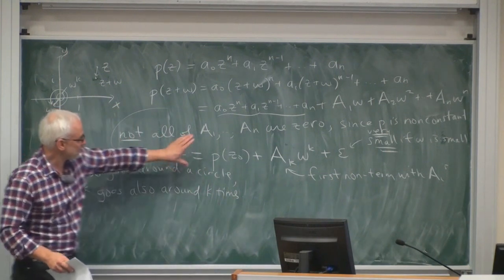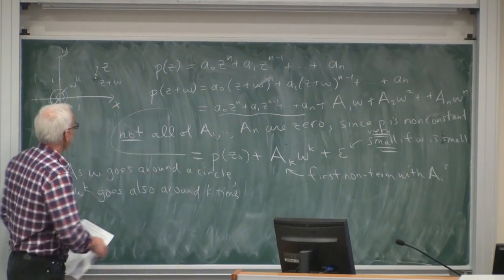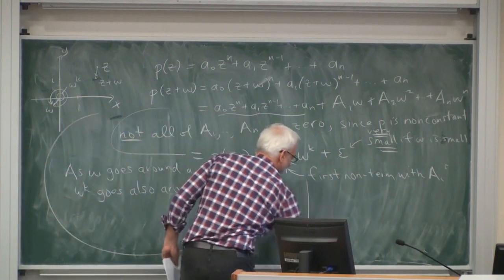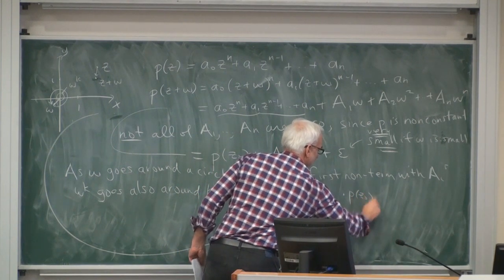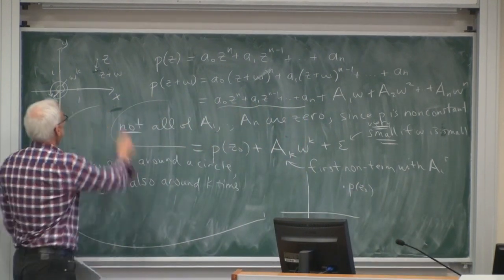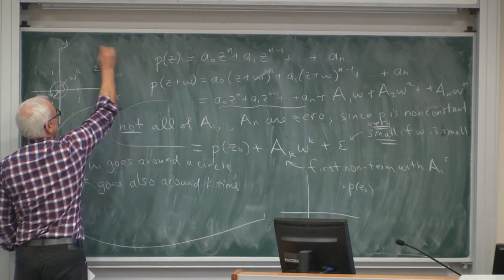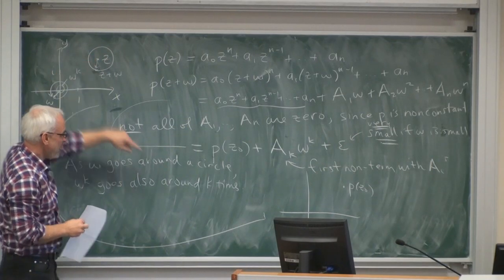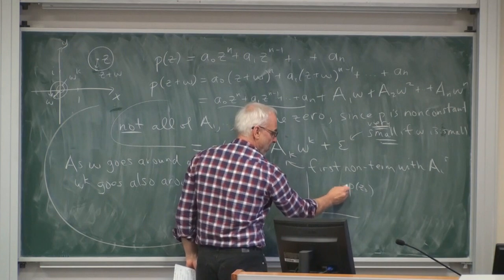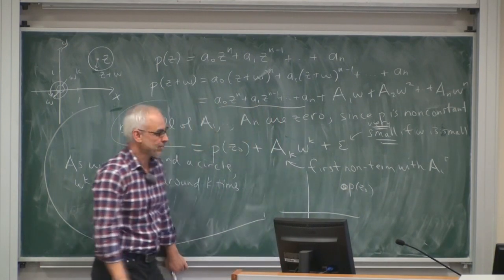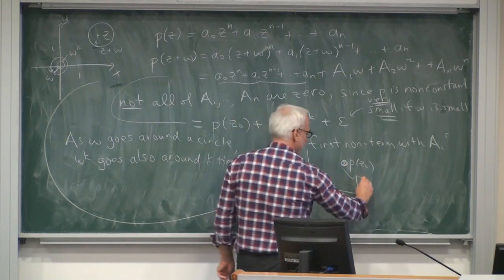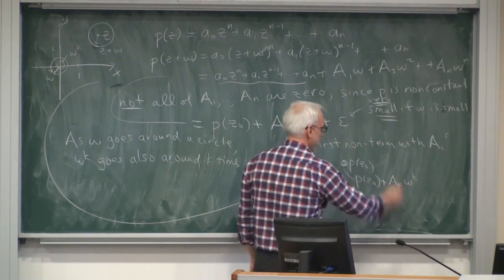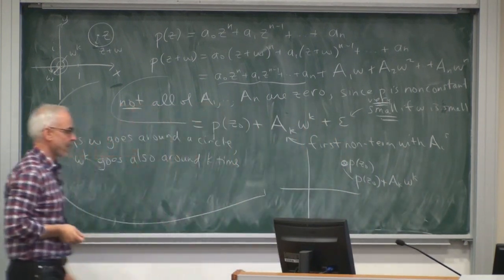And what that means is that this expression, here's our polynomial. Let's say the polynomial is mapping over here, and here is p of z0. If we look at what happens to z plus w as w goes around, in other words, we're looking at going around that little loop around z, then the image around here is going to go around k times. So there's p of z0 plus a sub k w to the k, because we ignore this epsilon term.